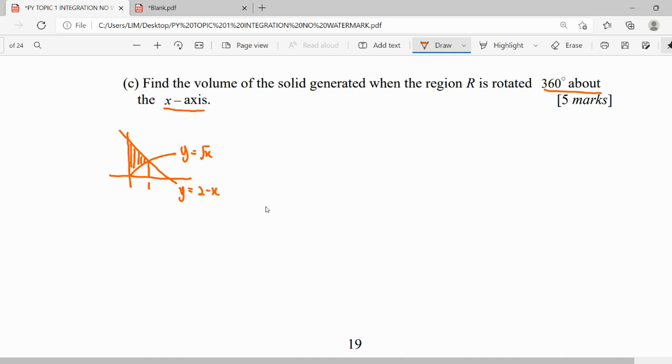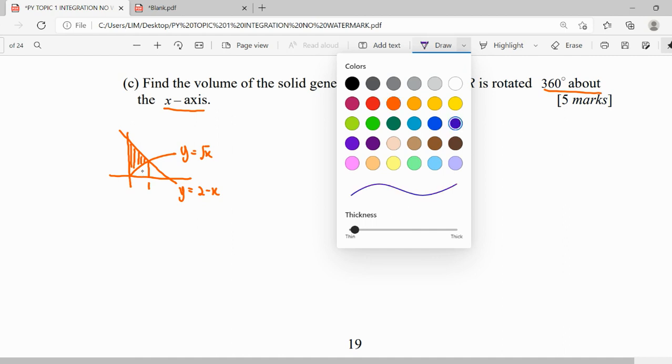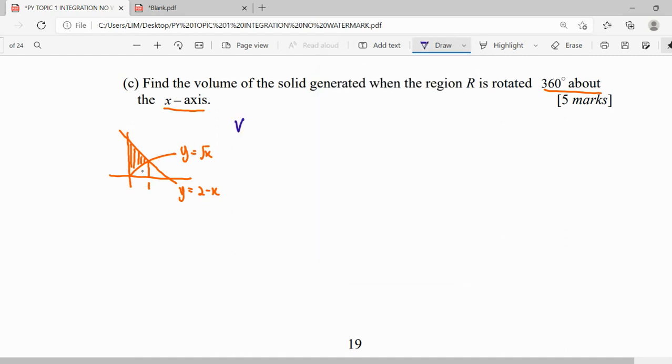When you want to rotate about the x-axis, we have to see it vertically. You can see the empty space here, which means when we generate our volume, the formula will come out with pi in front. No matter whether it's 360 or 180 or how many degrees they want to rotate, the formula still maintains pi.